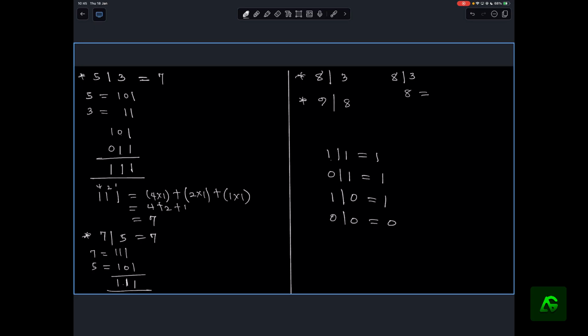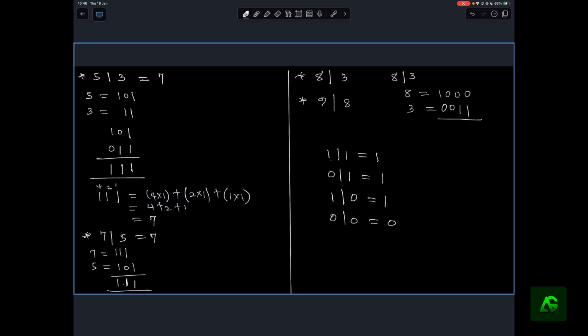The equivalent form of 8 will be 1000: 1, 2, 4, 8. And 3 is 11. Now, you see that 8 is 4 bits, but 3 is 2 bits. So let's make them equal in bits. We add two 0s to this.